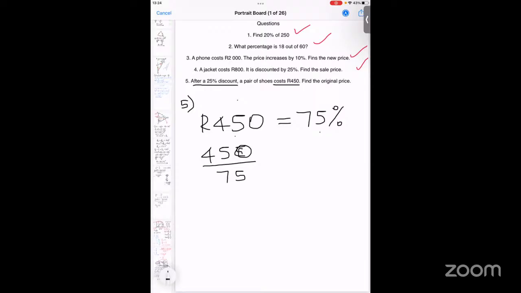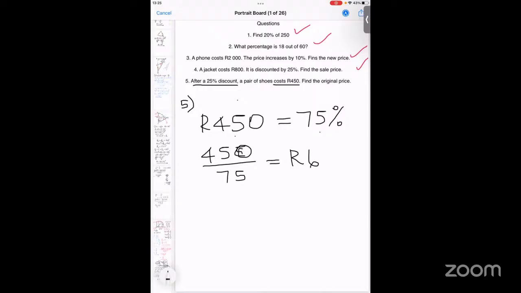The answer that you get, let's see, 450 divided by 75, gives you 6 rands. That's what you get. So that means 1% is equivalent to 6 rands.